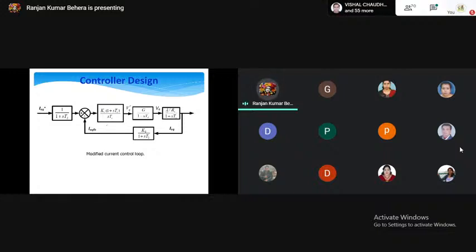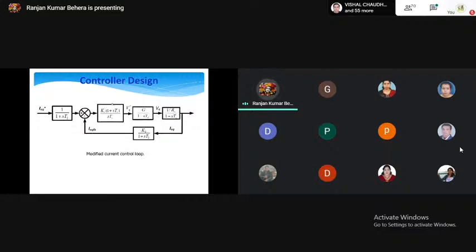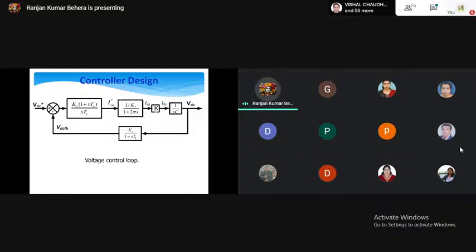So this is how we have a design. Then this complete current controller, I have taken as a small gain K, then complete design I have done.